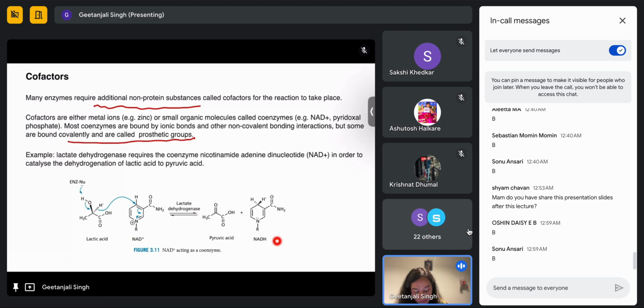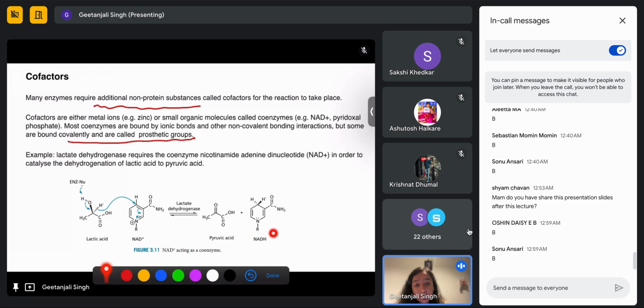This one gets reduced. NAD plus gets reduced after accepting hydrogen, and it oxidizes lactic acid to pyruvic acid. You can see how the alcohol, the OH here, is getting converted into a ketone. This is a secondary alcohol. Secondary alcohol on oxidation gets converted into a ketone.